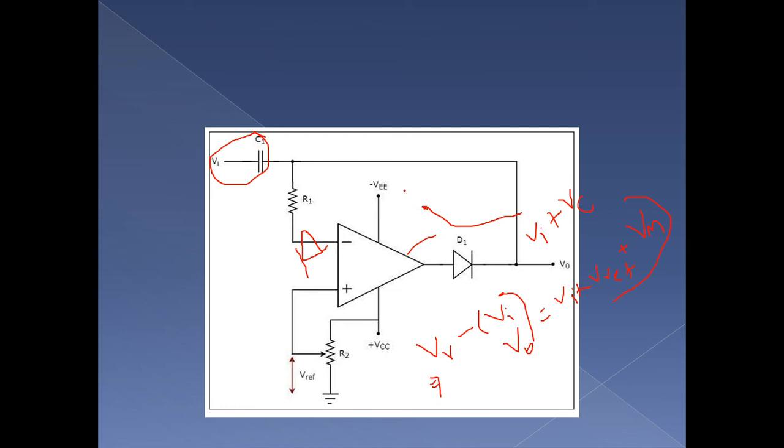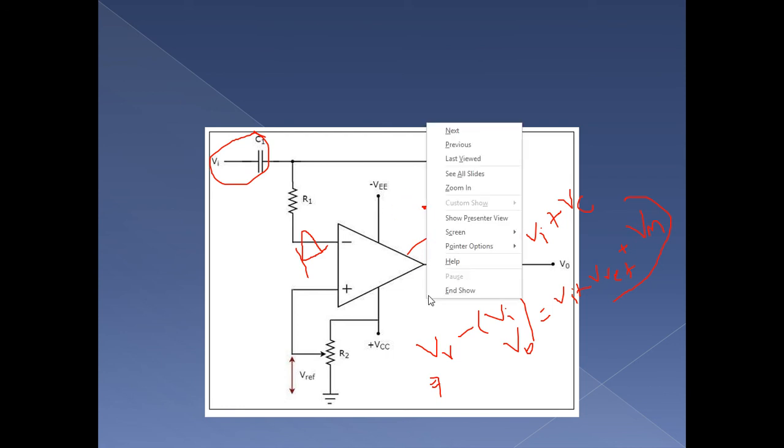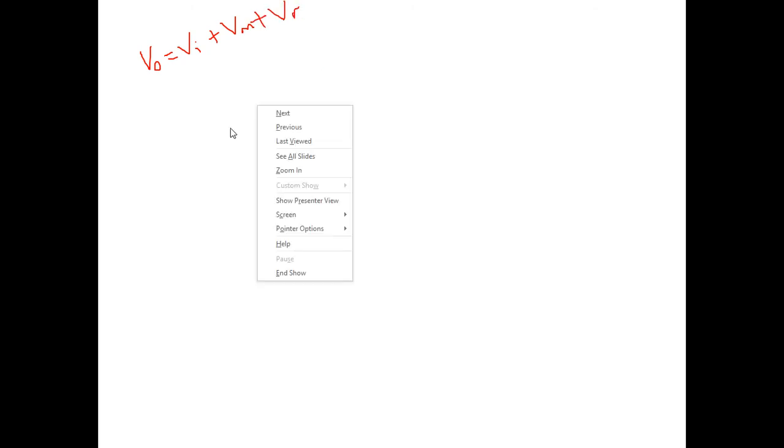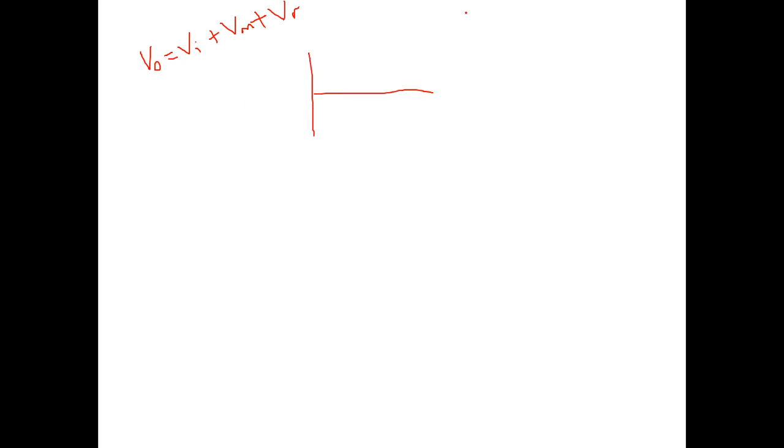Let's see how we will be getting the output in terms of waveforms. We know V0 is equal to Vi plus Vm plus V reference. Consider the input signal Vi, from plus 3 volt to minus 3 volt.